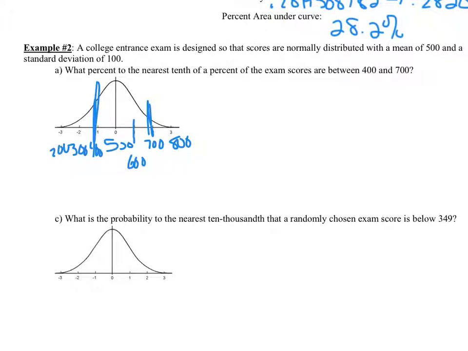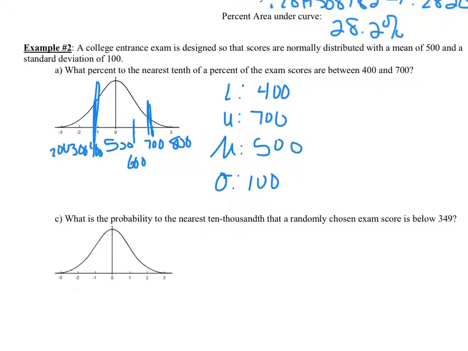The calculator, however, will do it for you. You just have to put the correct lower bound, upper bound, mean, and standard deviation. So the lower bound would be 400, the upper bound would be 700, the mean is 500, and the standard deviation is 100. And it will just tell you that it's 81.9%.